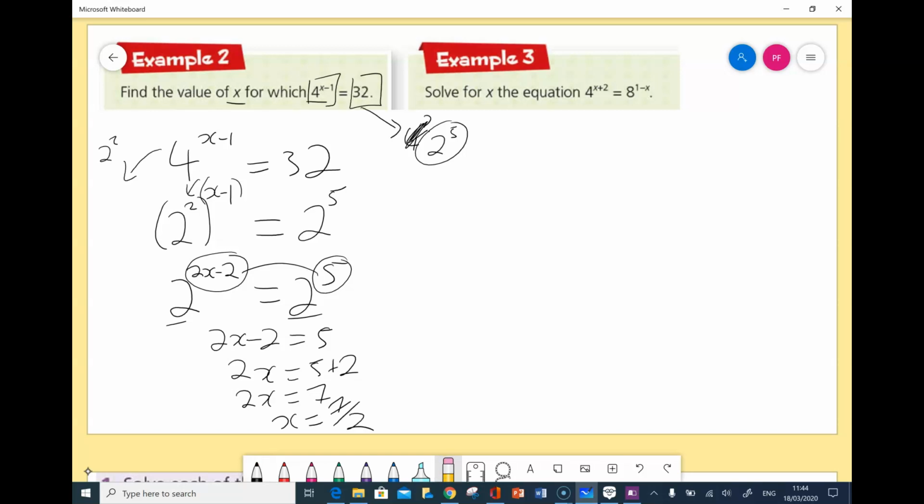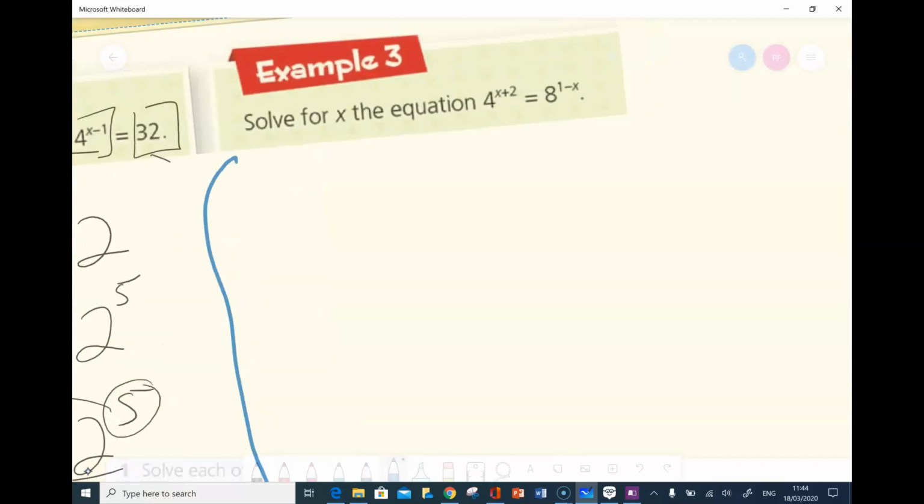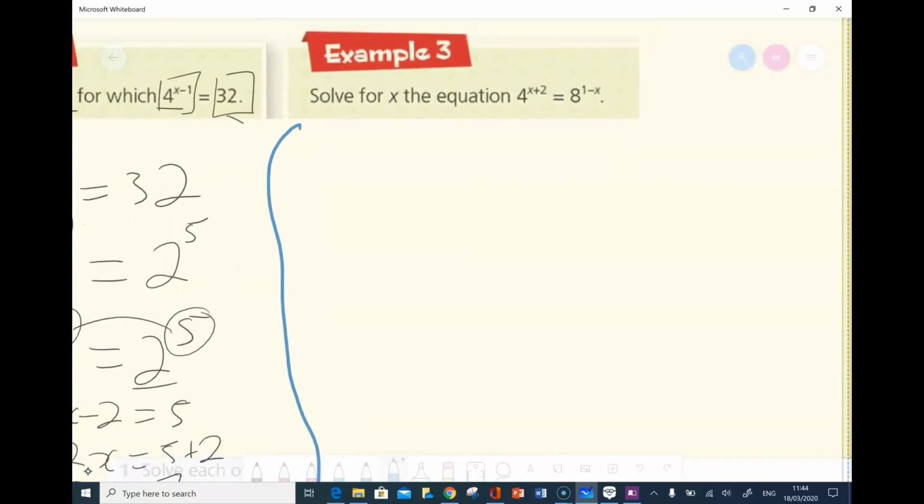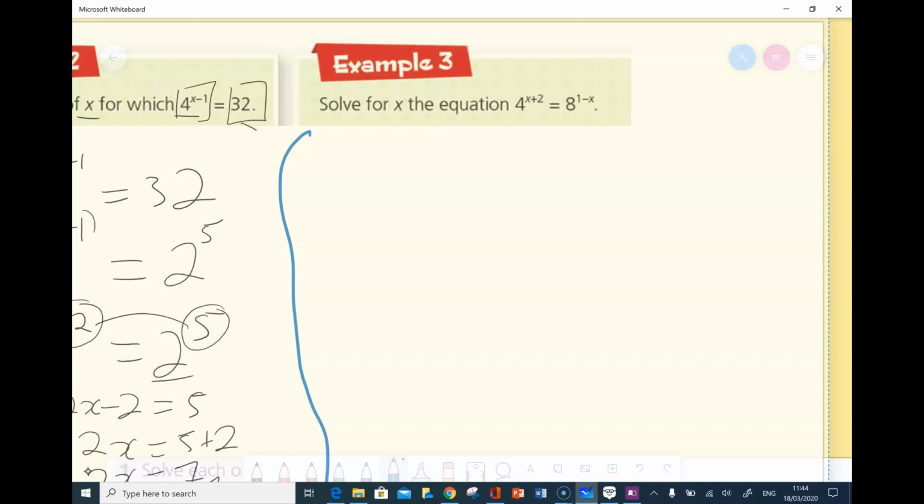Having a look at the next example. We'll do it in blue. Solve this equation: 4 to the power of x plus 2 equals 8 to the power of 1 minus x. So I've got x's on both sides this time.